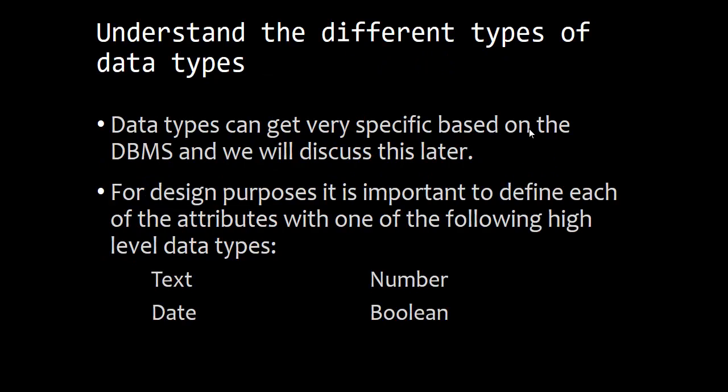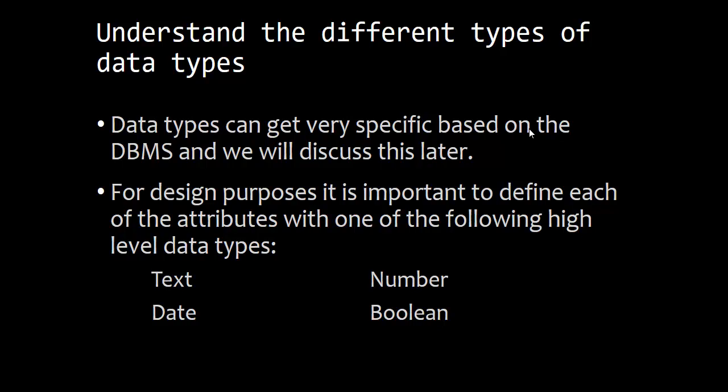Now, these data types can get very specific. As a matter of fact, if you look at the list for SQL Server, which we'll start diving into soon, the list is long of all the different data types you can have. That enables us to be very specific and very efficient in regards to how we want to store our table.